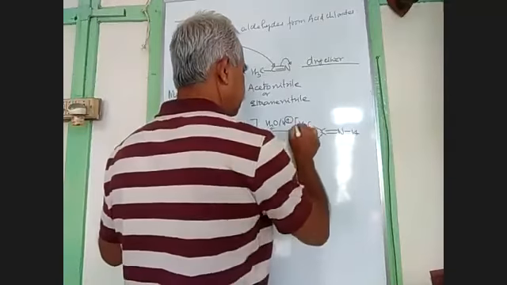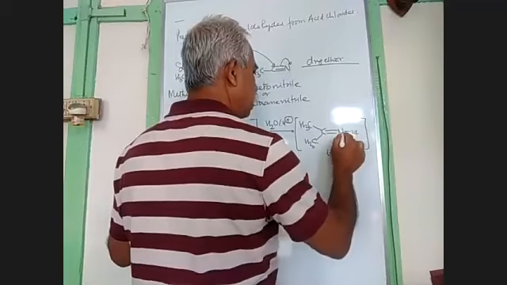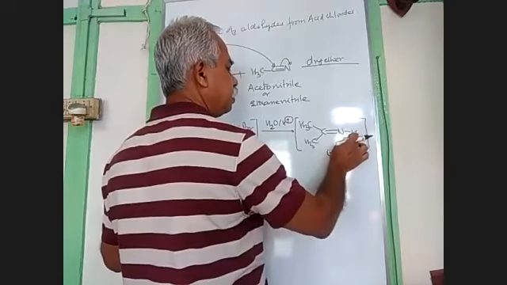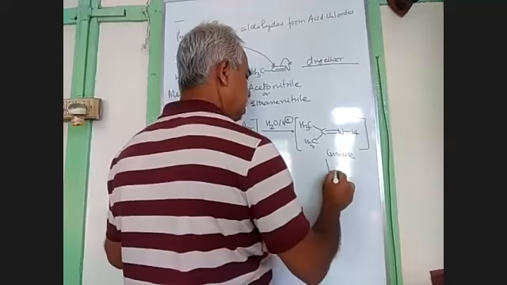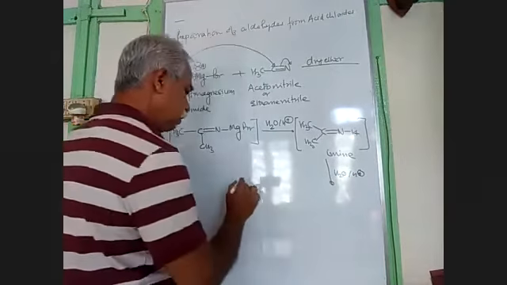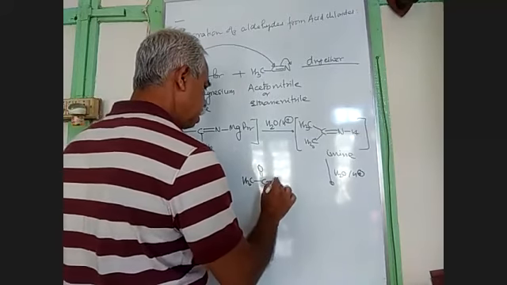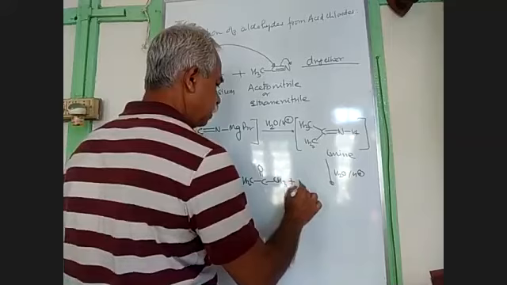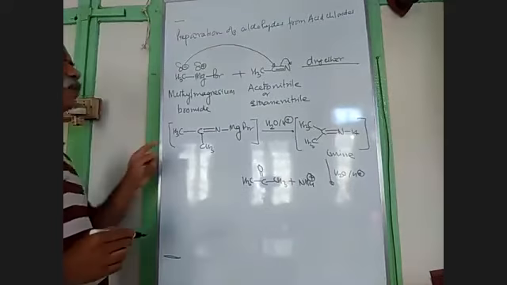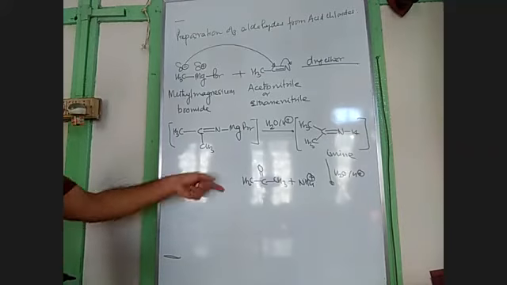This is not required. See, this is an imine. I told you unsubstituted imines are not stable. If you have any alkyl or aryl group, it is stable. Now again you add your acid, you get here CH3, CO, CH3 plus NH4. If you have taken any other, then you will get the corresponding one. First you write, then you write the other one.